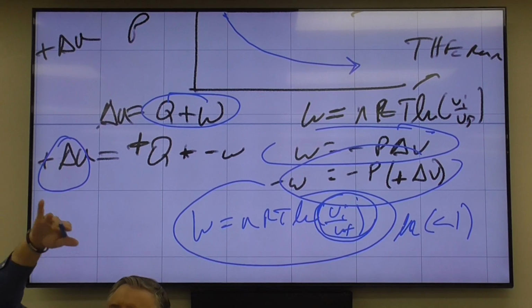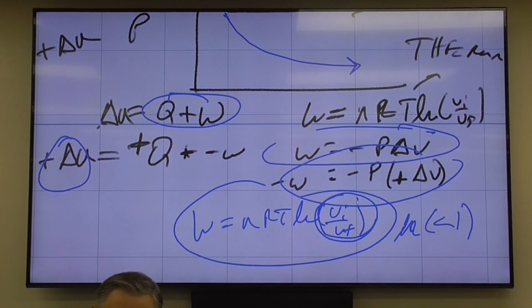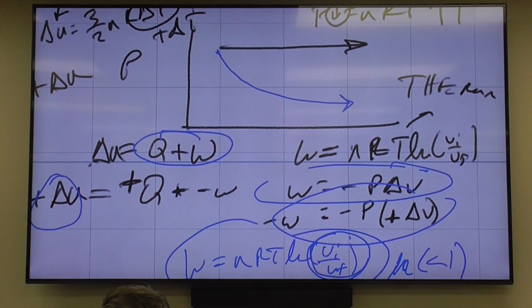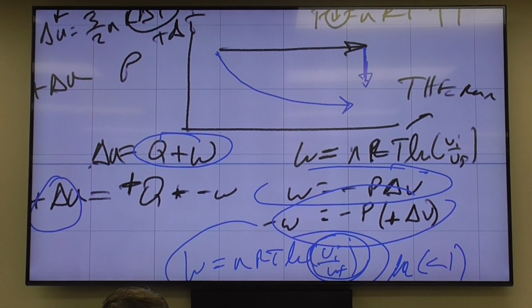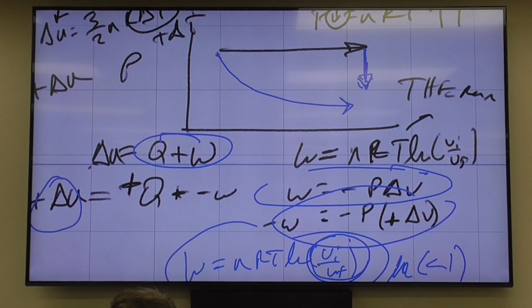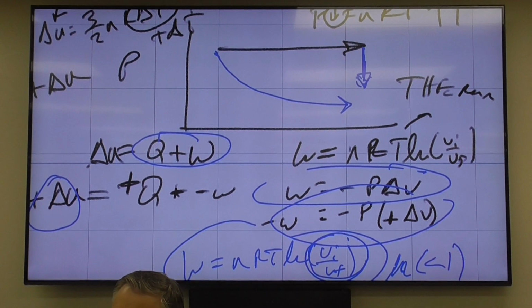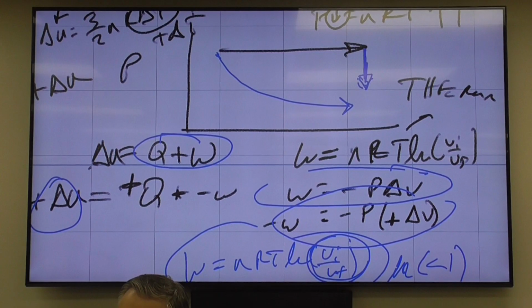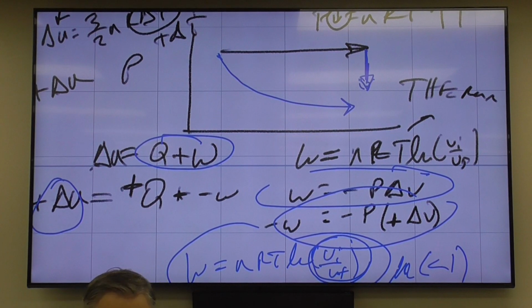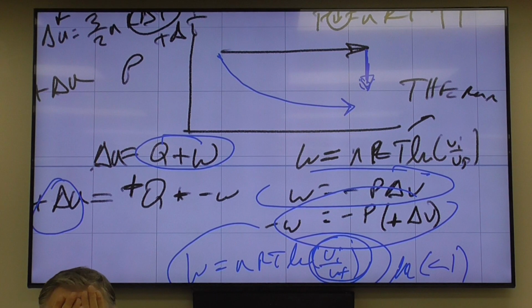Okay? Now, Gapshan, what if I do an isovolumetric lowering of the pressure? Now what's my work? Isovolumetric. 0, 0, 0, 0.